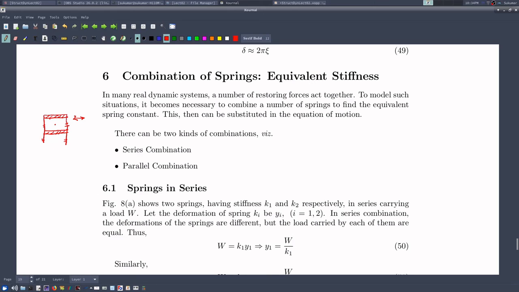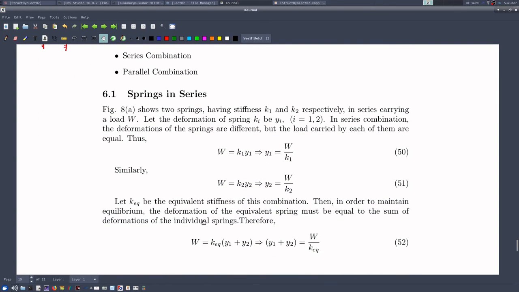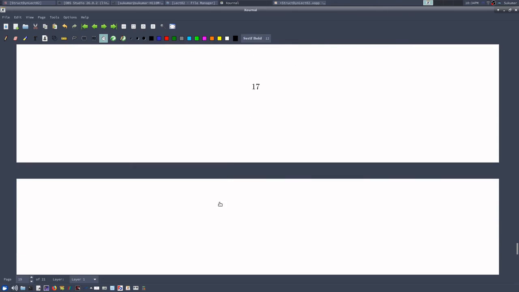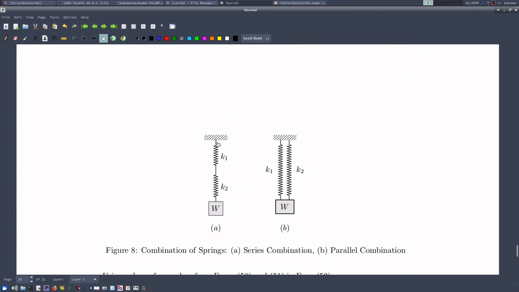So many a times I need to find out the equivalent stiffness of a number of springs, and that is what we will be discussing here, combination of springs and how to find out the equivalent stiffness. It is pretty easy. Now we can have two types of combinations. One is series combination, the other is parallel combinations. Now let us see the springs in series. I have a figure. This is a figure.